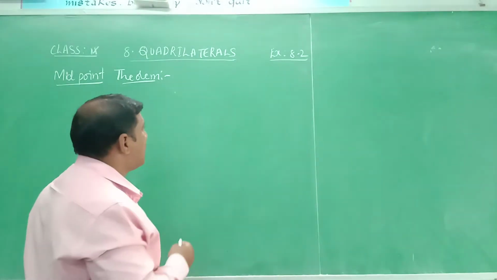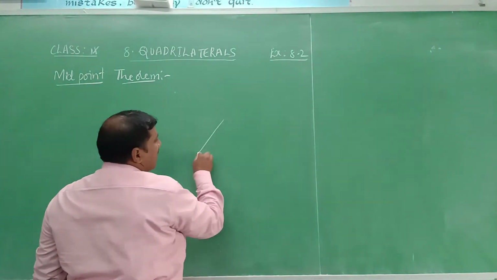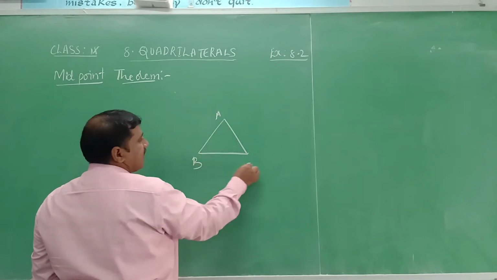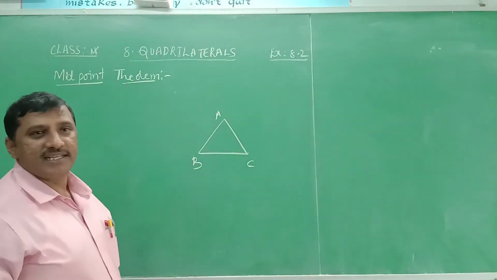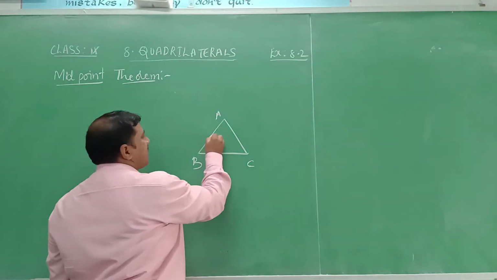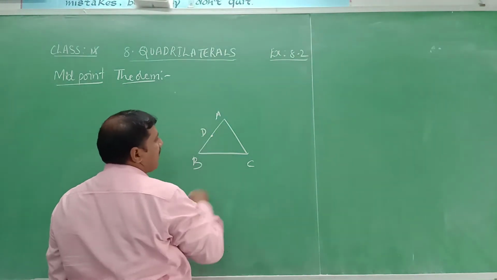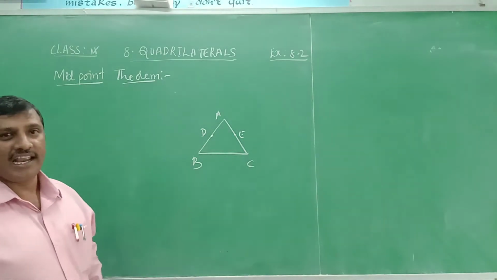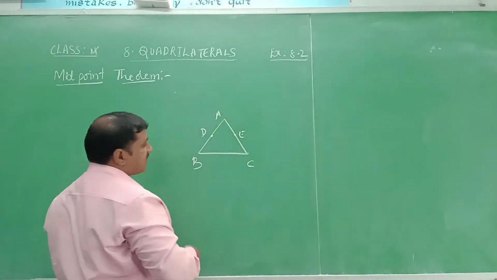What it is. Let us draw a triangle ABC, and let D be the midpoint of AB and E the midpoint of AC. D and E are midpoints of AB and AC respectively.